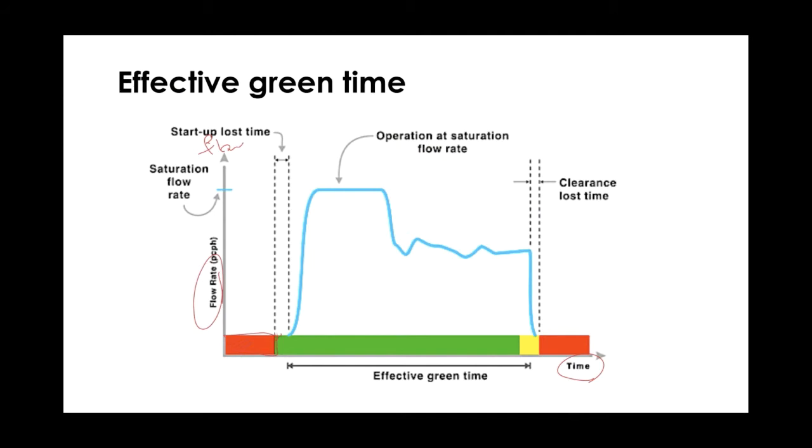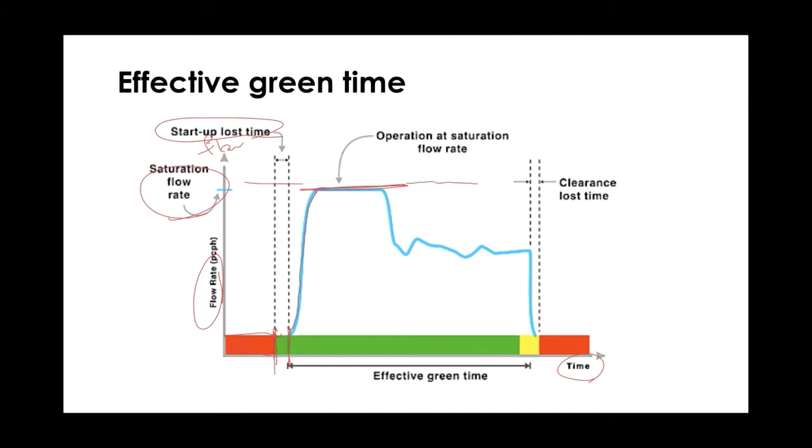But as soon as the light turns green, we see a little bit of lost time because it takes time for vehicles to react, to accelerate, and start moving, right? So we have this startup lost time at the beginning, and then the flow gradually starts increasing until it reaches something that we call saturation flow, which is the maximum discharge flow from the intersection.